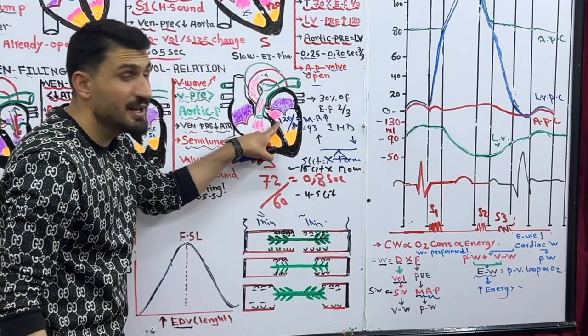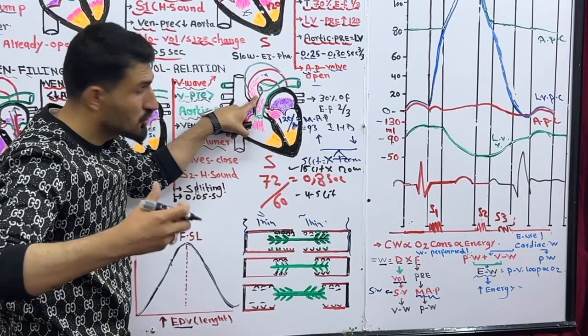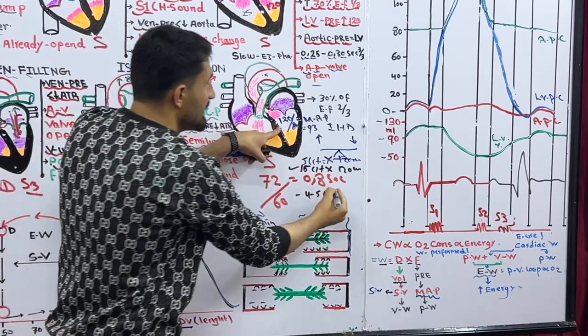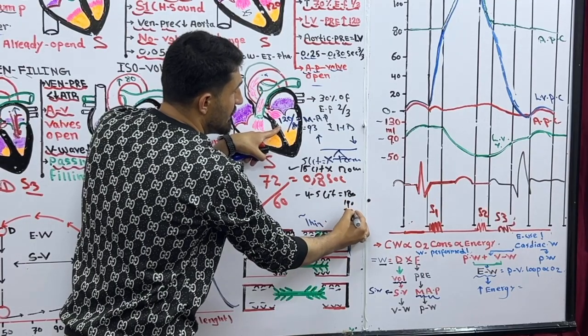But pressure increases because the heart now pumps against a strong resistance, which is the stenosis here. So the pressure increases up to 180, up to 190, up to 170.